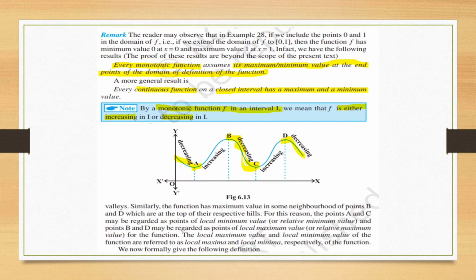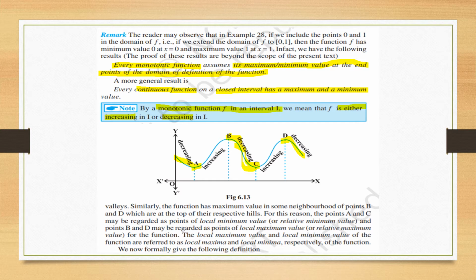Okay, so you can find the points A, B, C, D. Your A and C are the points of minima, B and D are the points of maxima. But C is also a minimum in its own interval, so C will be called a local minimum. Again, A will be called a local minimum here.